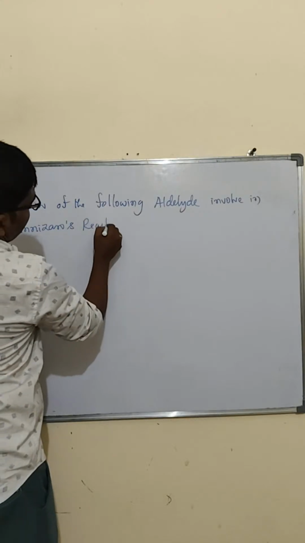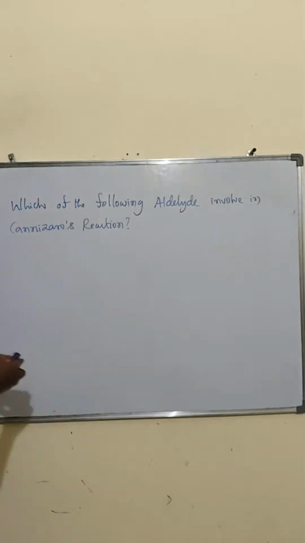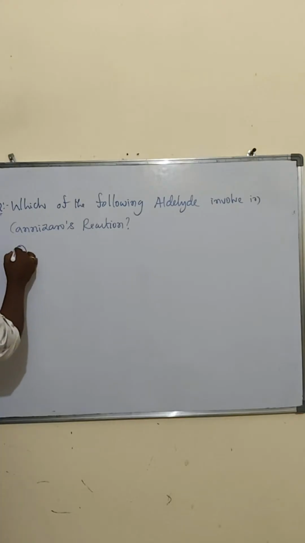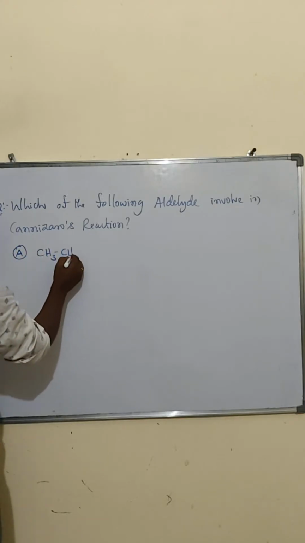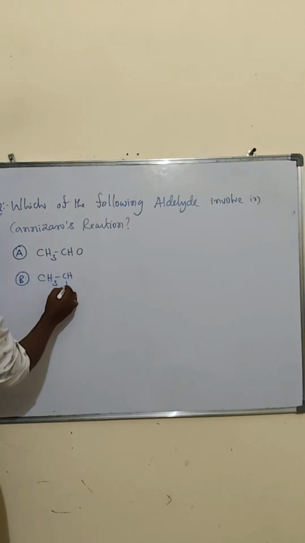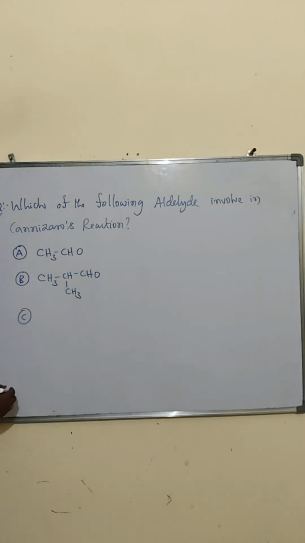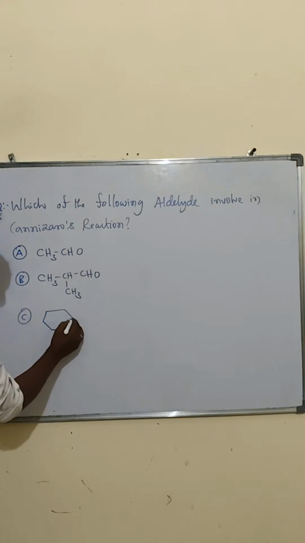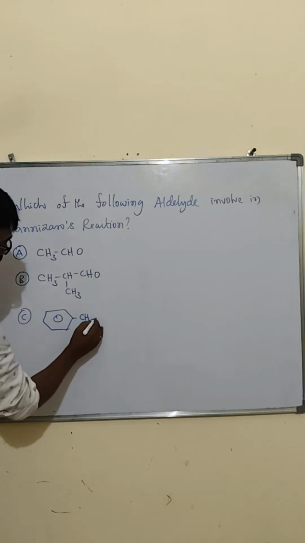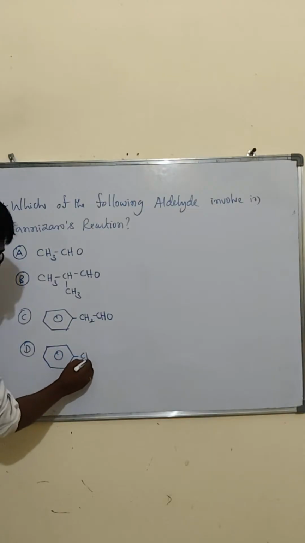Look at the options. Option A: CH3CHO. Option B: CH3CH2CHO. Option C: benzene attached with CH2CHO. Option D: benzene attached directly with CHO.